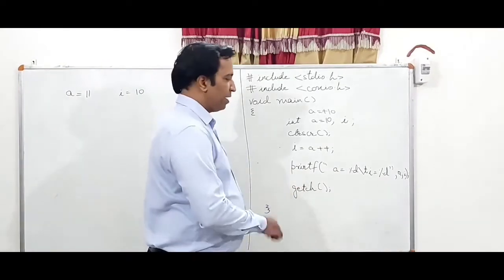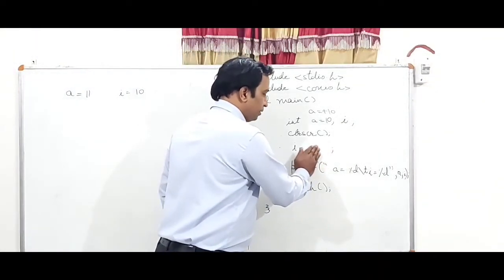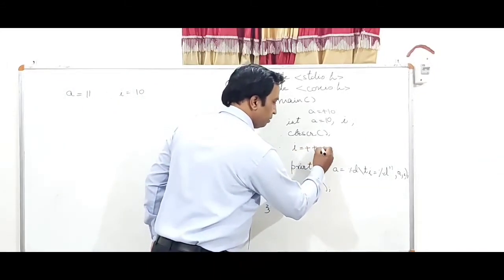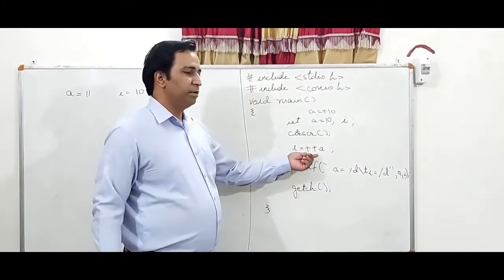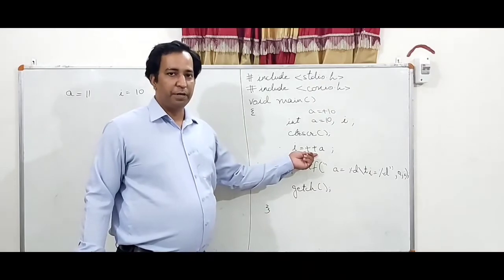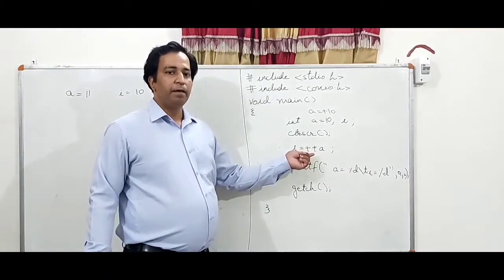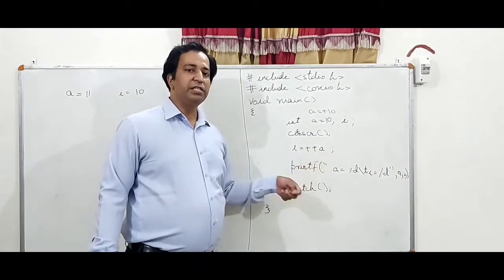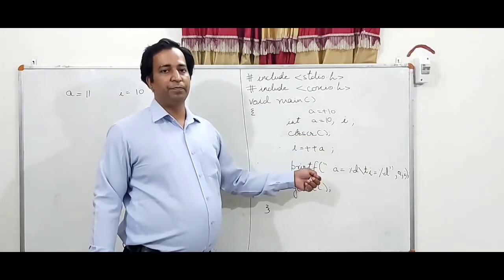Now suppose I change this operator and here I write plus plus a, that means the pre-incremental operator. In this case, what will happen? The pre-incremental operator will increase the value of a first.